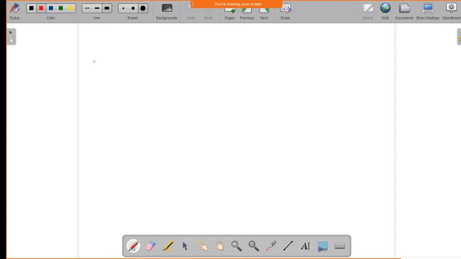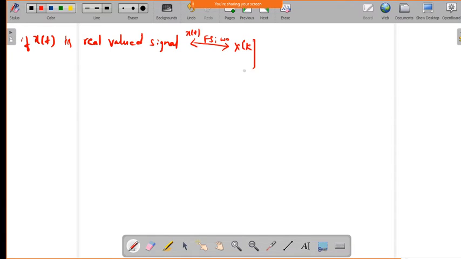In the symmetry property we said that if x of t is a real valued signal, and it has an FS pair with omega naught, having coefficients x of k, then prove that x star of k is equal to x of minus k. This symmetry property we have discussed.